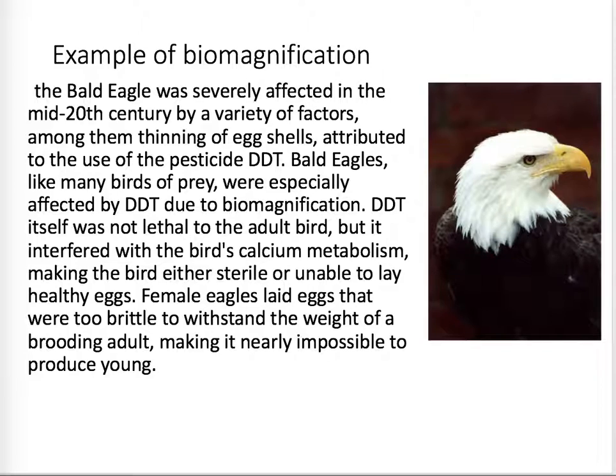It was not lethal to the adult bird, but it interfered with the bird's calcium metabolism, making the bird either sterile or unable to lay healthy eggs. Female eagles laid eggs that were too brittle to withstand the weight of the brooding adult, which made it nearly impossible to produce young.